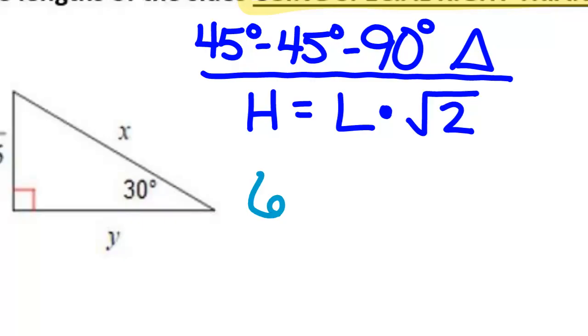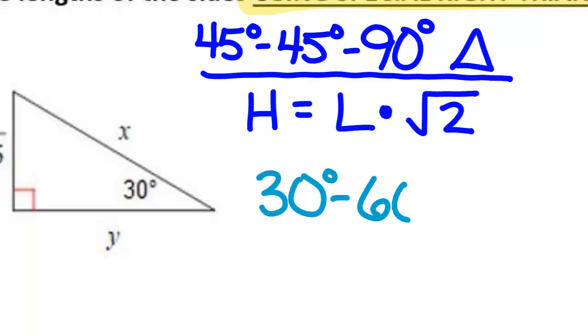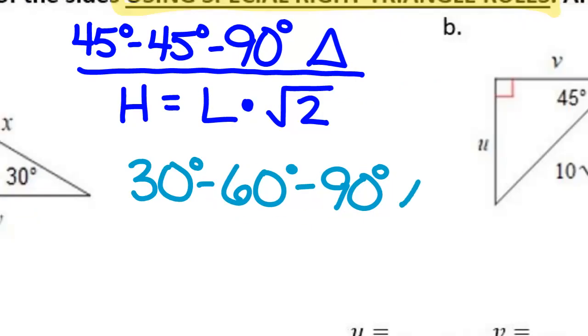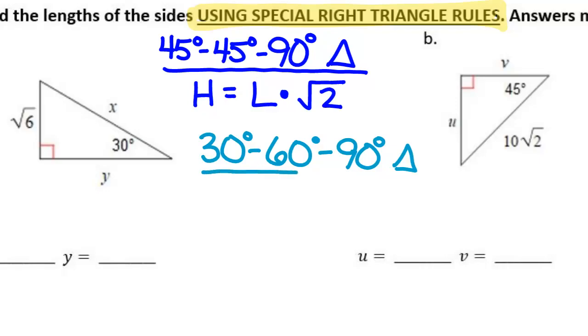And then we had two rules for our 30, 60, 90 triangles. With a 45, 45, 90, two of the sides are the same, and so we have two legs that are the same size and a hypotenuse. We either know how big those two legs are and we're finding the hypotenuse, or we know how big the hypotenuse is and we're going to use that to find the lengths of both legs.